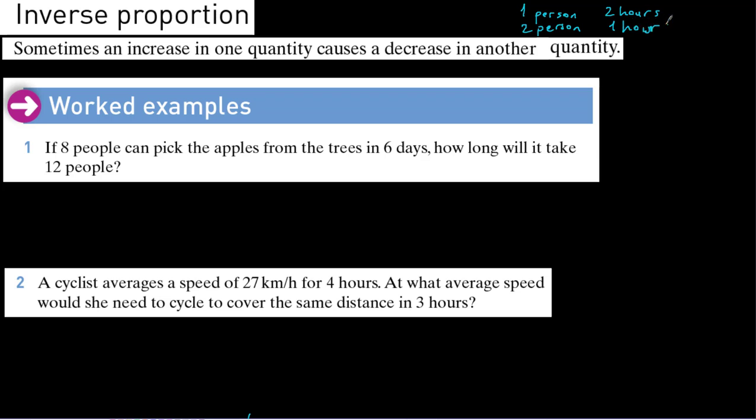So when the number of people is increasing, the hours are decreasing. This is called inverse proportion.